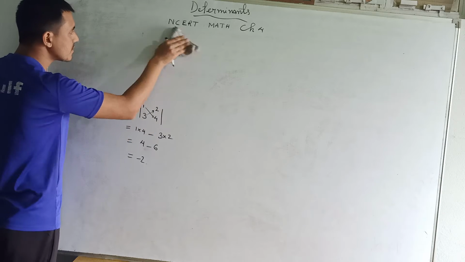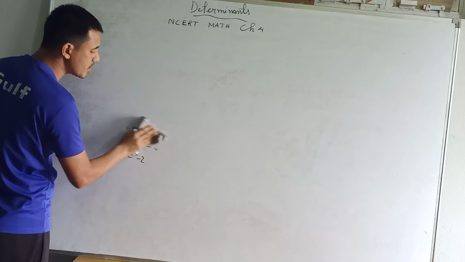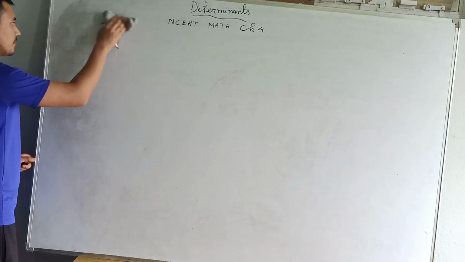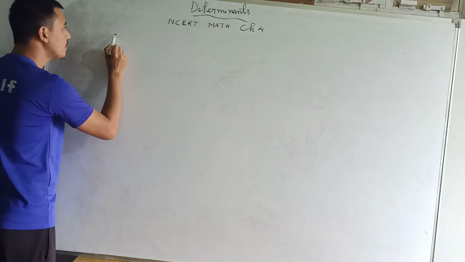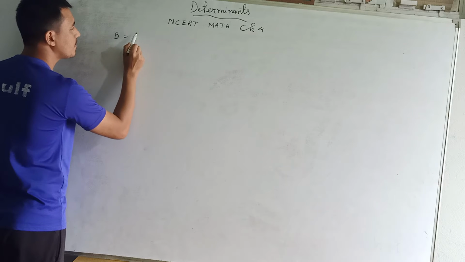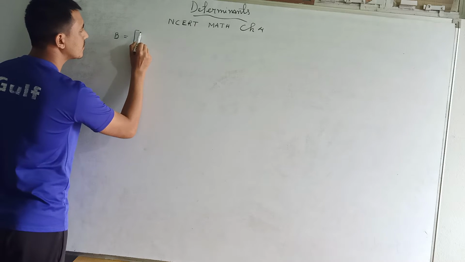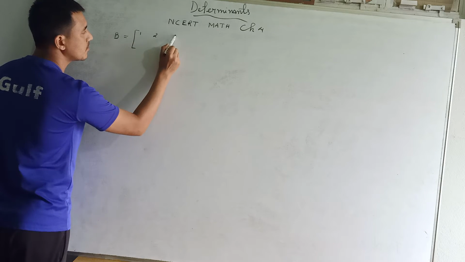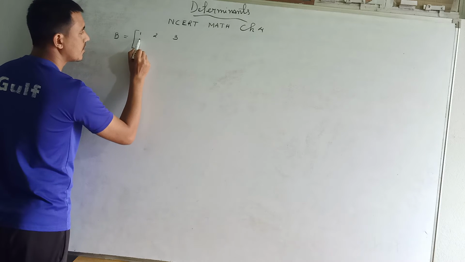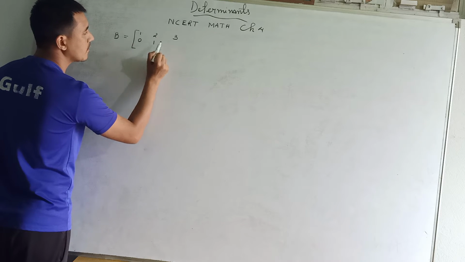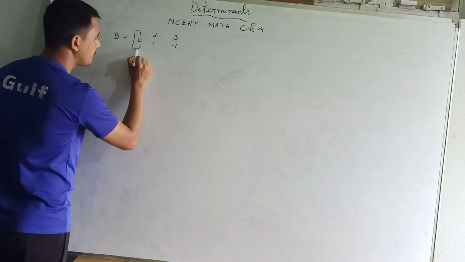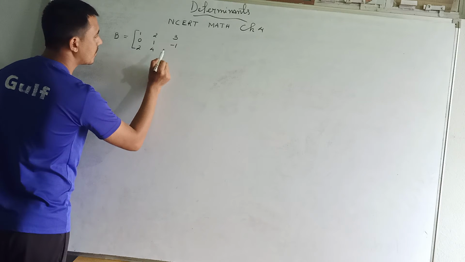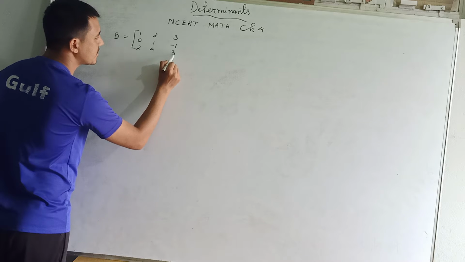Now, what happens if you are given a 3 cross 3 matrix? How do we find its determinant? Let B be any matrix 1, 2, 3, 0, 1, minus 1, 2, 4, and let's say 3 over here.